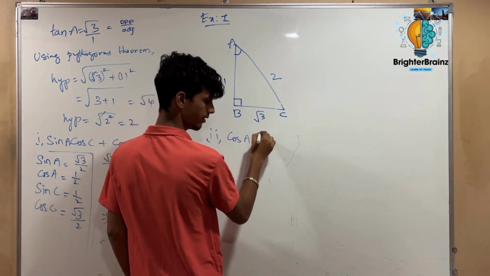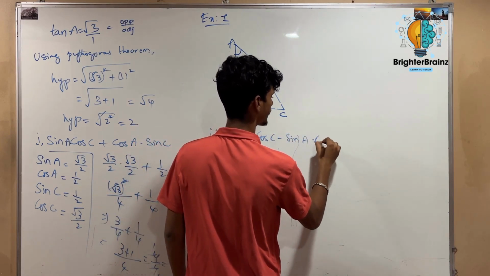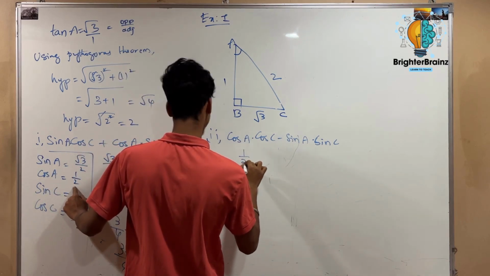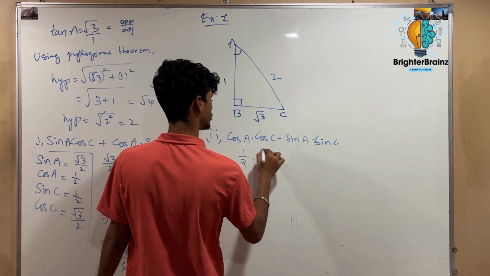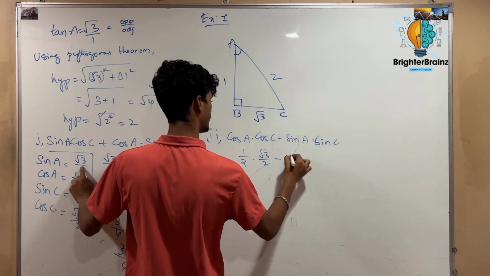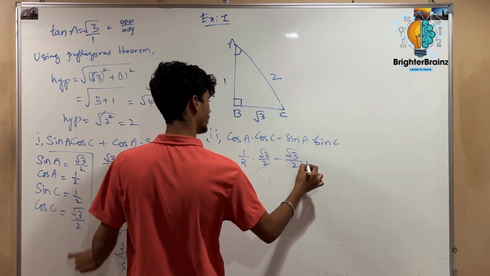cos A cos C minus sin A sin C. Okay, what is the value of cos A here? 1 by 2. Cos C root 3 by 2, minus, next sin A root 3 by 2 into sin C 1 by 2.